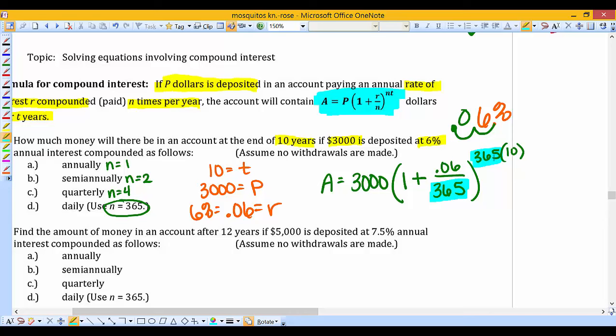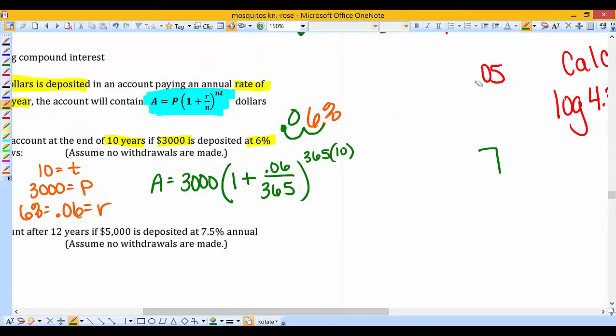Now, once I have this equation, I am going to start simplifying using my calculator. So this is where the work is going to come in. Those of you who are very good at using your calculator are going to be able to plug this entire thing in in one swoop and hit equals, and you're going to get your answer.